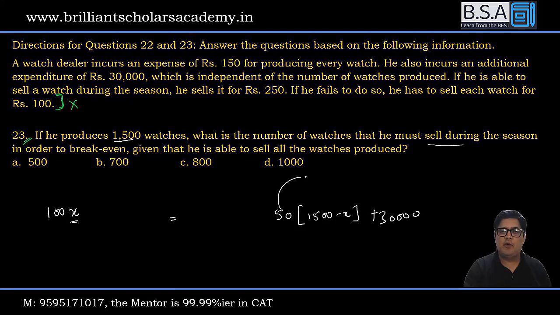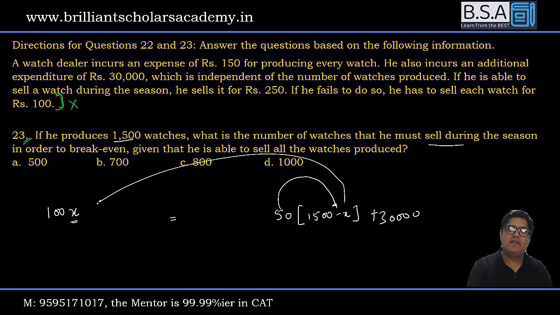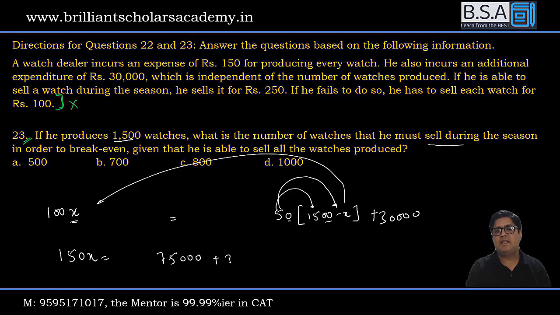This 50 goes inside, becomes minus 50x. Bring it on the left side, it becomes 150x. On the right side, what do I have? See, 0 and 2 zeros, 3 zeros. 5 into 15, 75. So 75,000 plus 30,000. So now here what do we have?